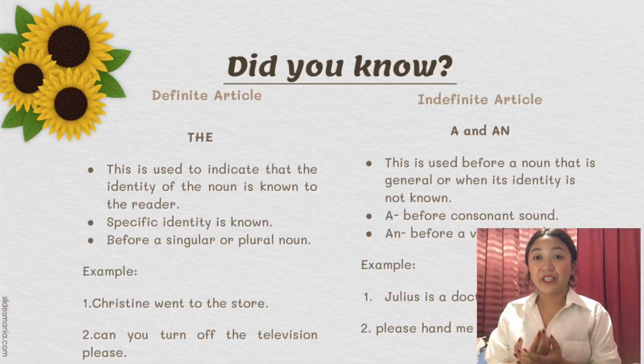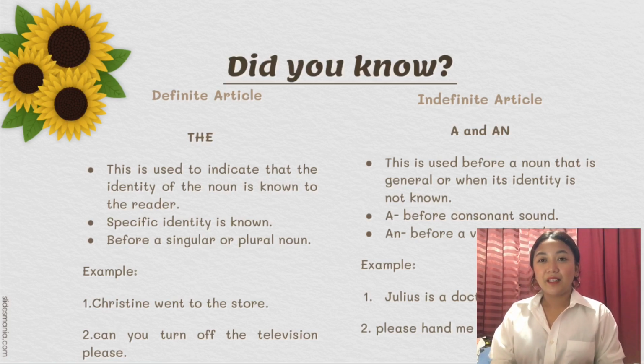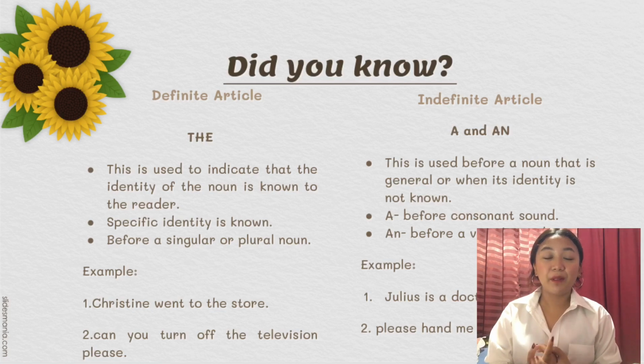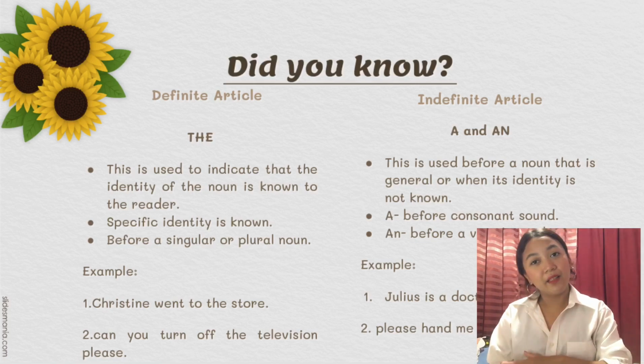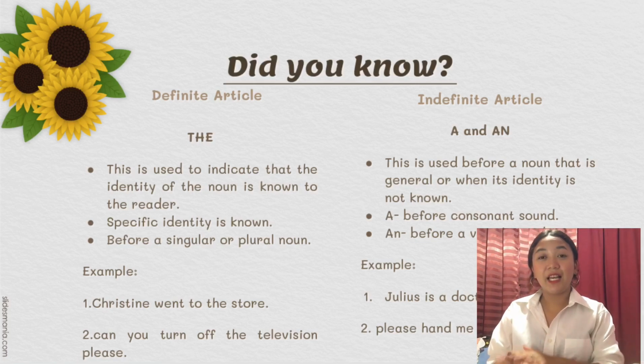For example, for count nouns: there is an apple on the table. It can be counted because it was mentioned that it was only a single apple on top of the table. On the other hand, we have the uncount nouns.